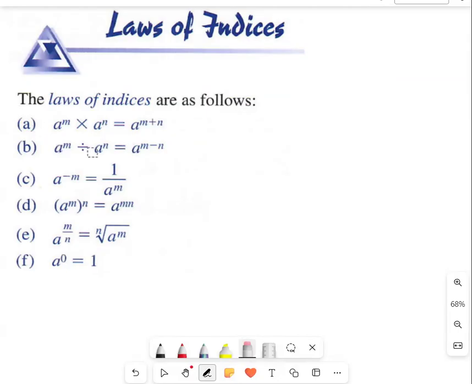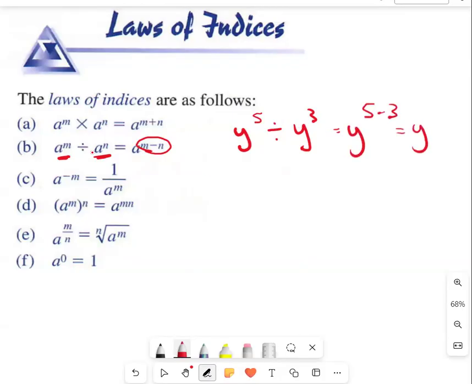The second rule deals with division. So a to the m power divided by a to the n power, you subtract the indices. If you have y to the fifth power divided by y to the third power, that is the same as y to the 5 minus 3 power, which is y squared.